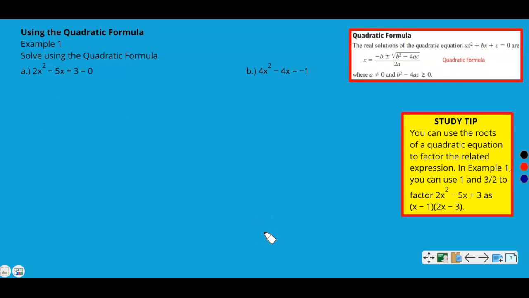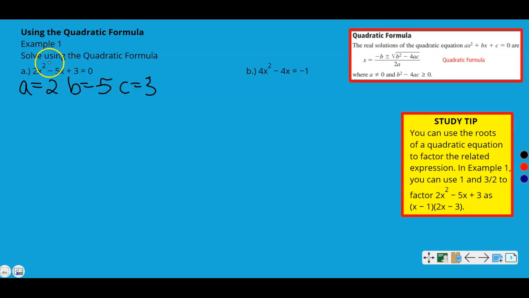All right, for example 1, we're going to use the quadratic formula to solve. So we have 2x squared minus 5x plus 3 equals 0. So the first thing we need to do is identify our a, b, and c. So we have a equals 2, b equals negative 5, c equals 3. All right, so remember, if it's in standard form, anything next to the x squared, that's your quadratic term, that's 2.